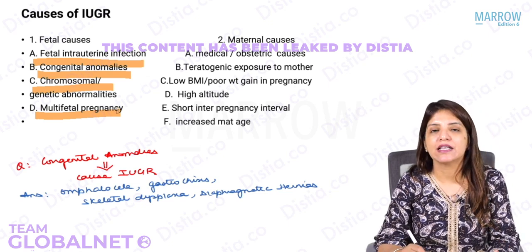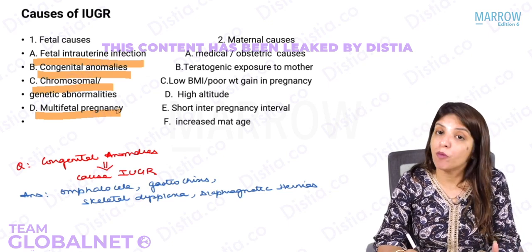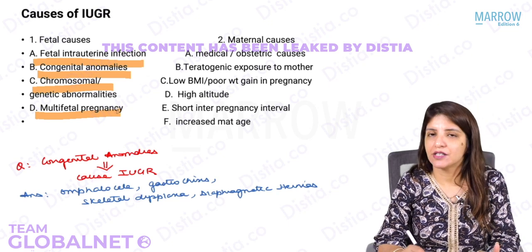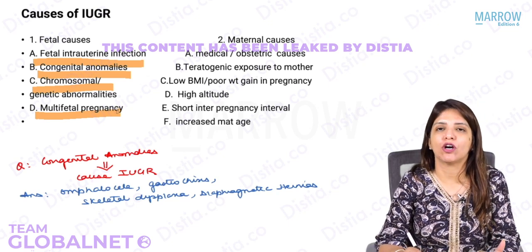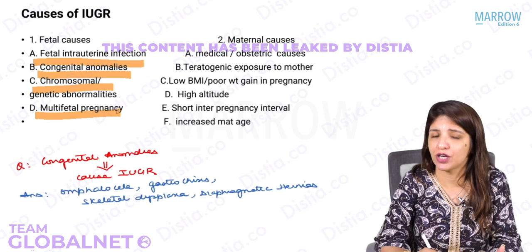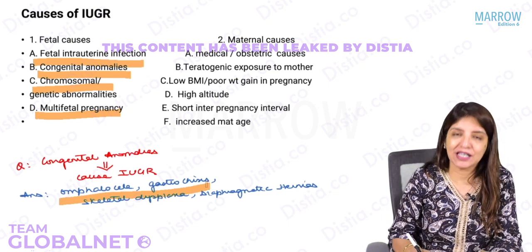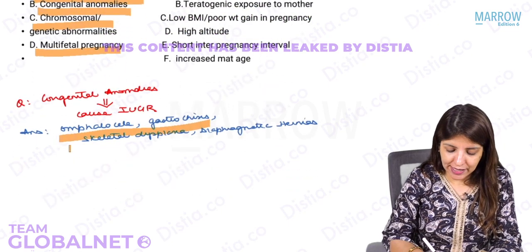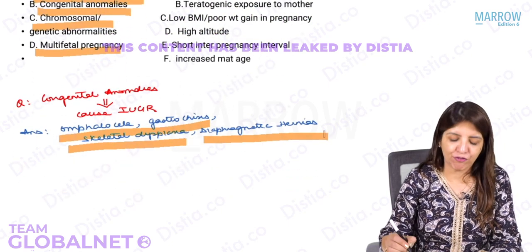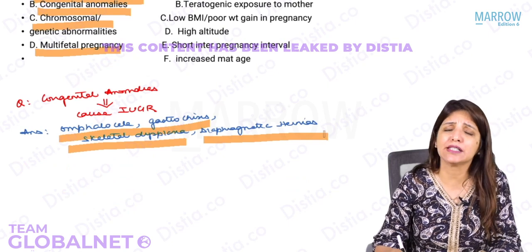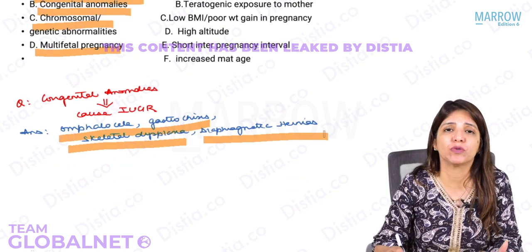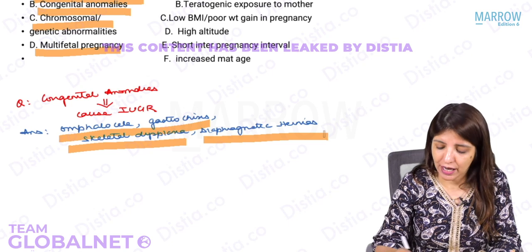As far as congenital anomalies are concerned, if I ask you which commonly lead to IUGR, please remember abdominal wall defects like omphalocele and gastroschisis, then skeletal dysplasias and diaphragmatic hernias. These are common congenital anomalies which can lead to IUGR.